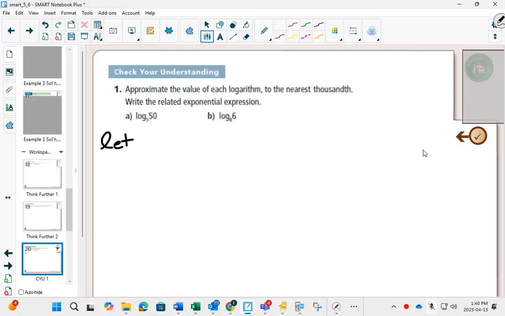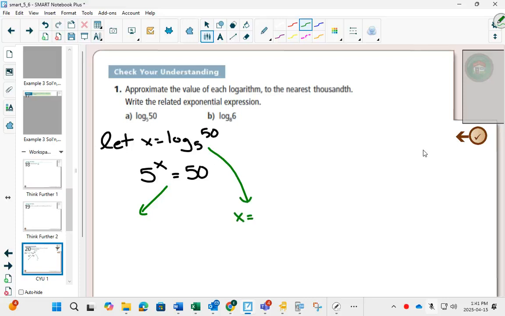So if you let x equal log 5 of 50, the related exponential equation would be the base is 5, the exponent is x, equals 50. And then you could either do the following. You could use your change of base theorem, and say log 5 of 50 is the same as log 50 over log 5.